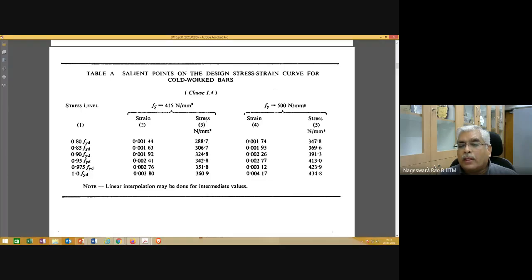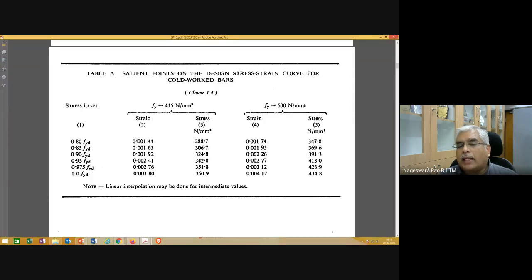Okay, so for FE415, the yield Fy value is 415. So 415 Newton per mm square divided by 1.15, and 80% of that, 0.8 times Fy, this 415 divided by 1.15, is going to give you this.